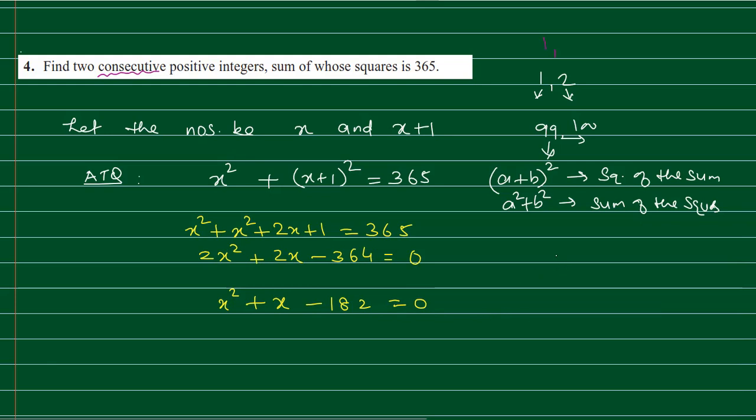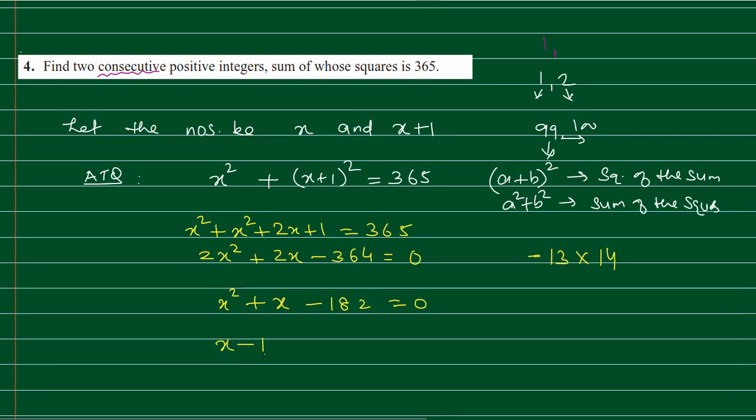Now again we can split the middle term by 13 and 14, because 182 is 13 into 14, and plus 1 we need, so we can take minus 13 and plus 14.